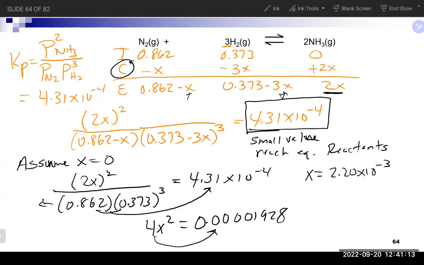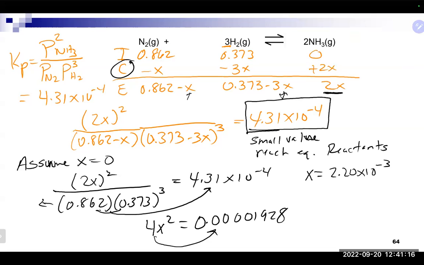Good news is I continued on with the number in my calculator, so I think the other number is good, right? So that should be 0.0447. Thank you. And I believe the other number should be good.